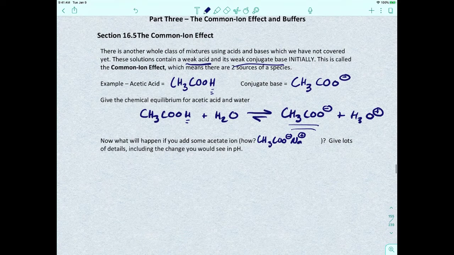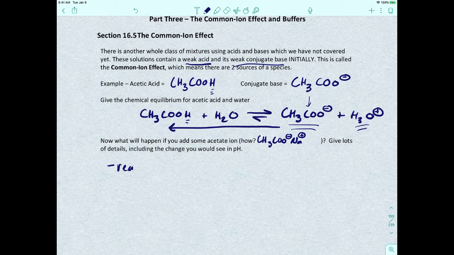This goes back to Le Chatelier's principle, which we talked about probably a long time ago now. If we're adding a stress by adding more acetate ion to the solution, what's going to happen? The reaction is going to have to alleviate that stress. If you've got a lot more acetate ion, this hydronium ion is going to react to form more acetic acid.